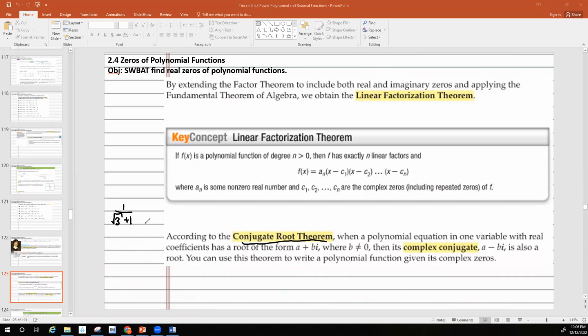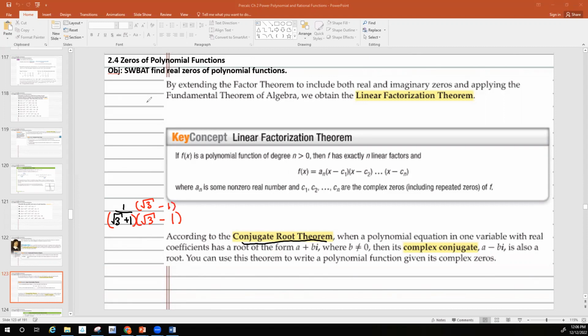I don't know if you remember that. But in order to solve this, because we can't have a radical in the denominator, you have to multiply the numerator and denominator by that whole thing, but with minus instead of plus, because that is the conjugate.